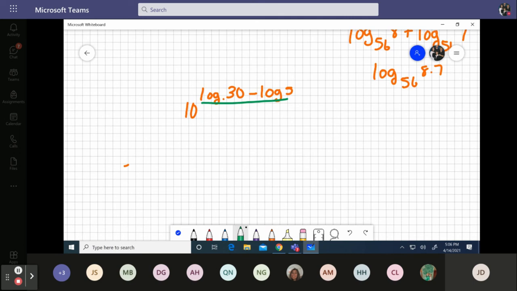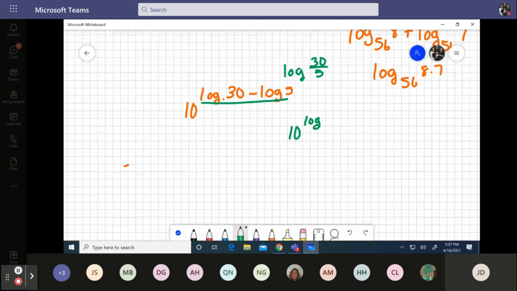How could I write that as a single logarithm? 30 over 5, so that gives me a 6. So I have 10 to the log of 6.